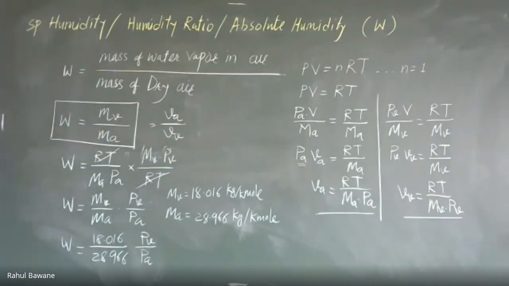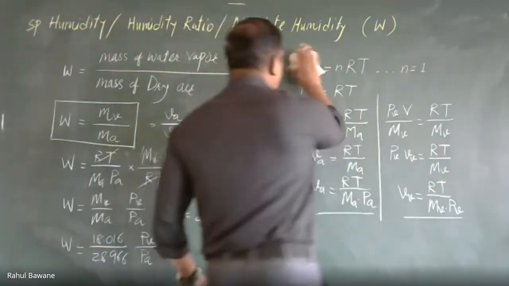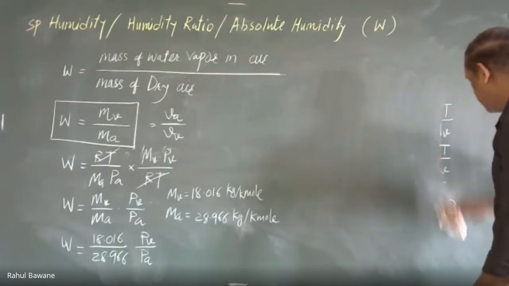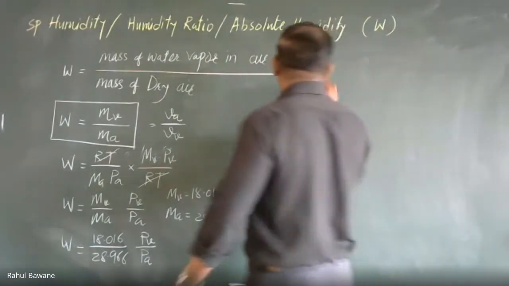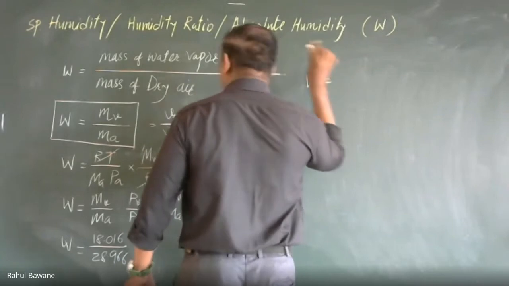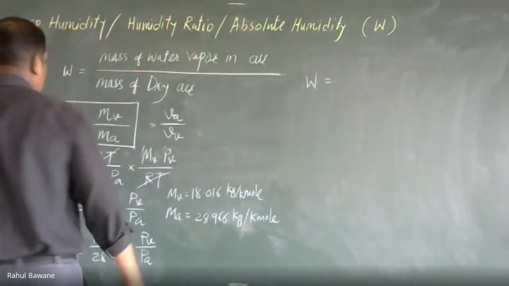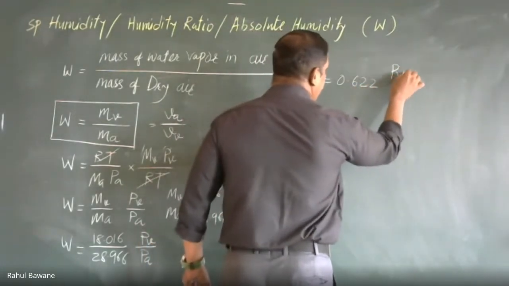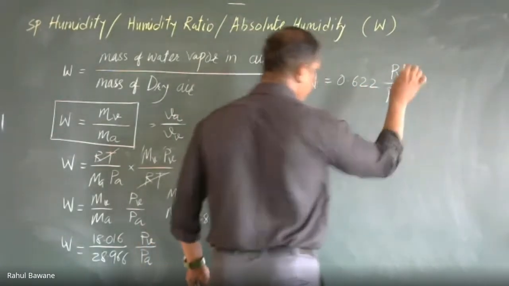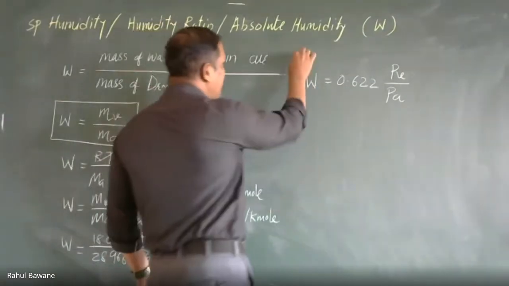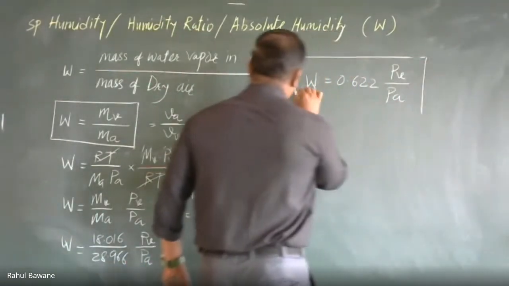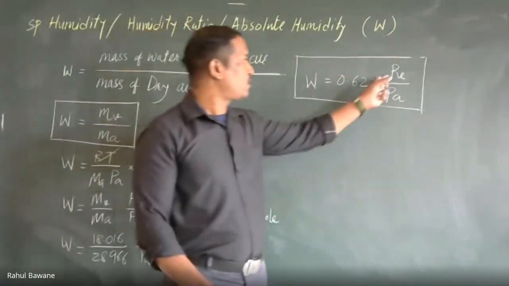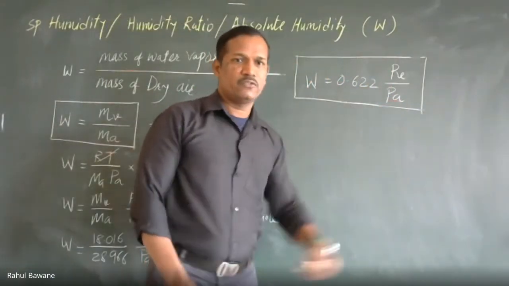If I simplify this, I reach a final form: specific humidity will be 0.622 Pv upon Pa. But still we are unable to say that the specific humidity is only a function of the partial pressure of water. There is a partial pressure of air also.